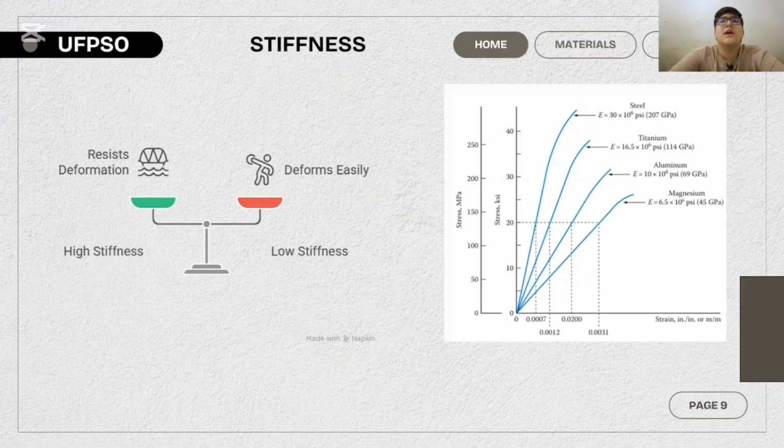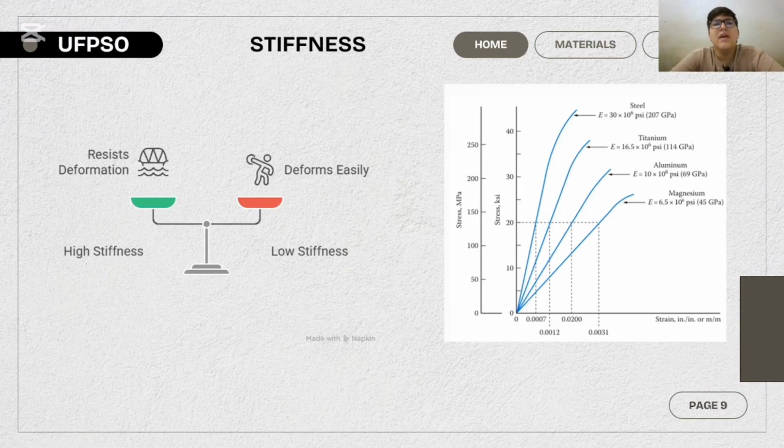Stiffness. Stiffness is the ability of a material to resist deformation when a force is applied. In other words, it indicates how difficult it is to change the shape or size of the material when it is subject to a load.